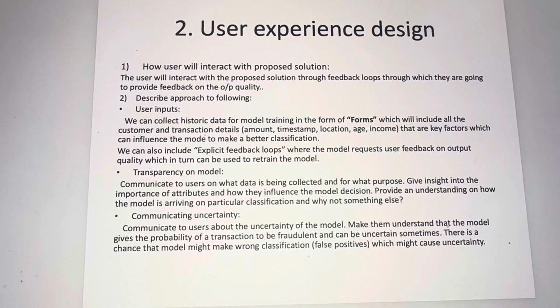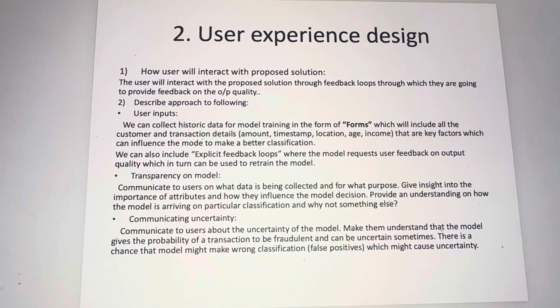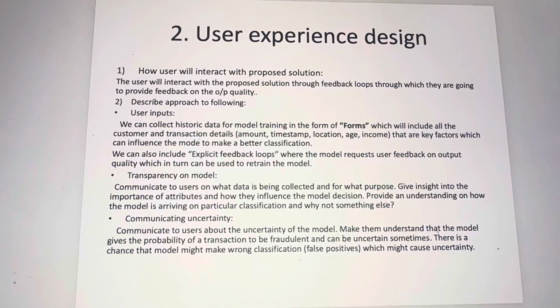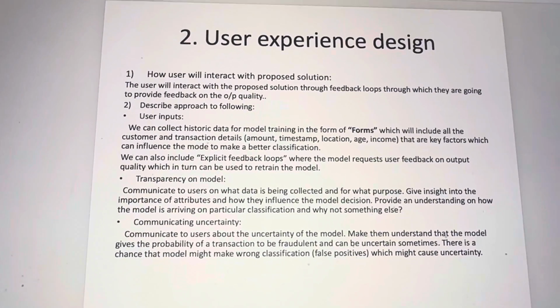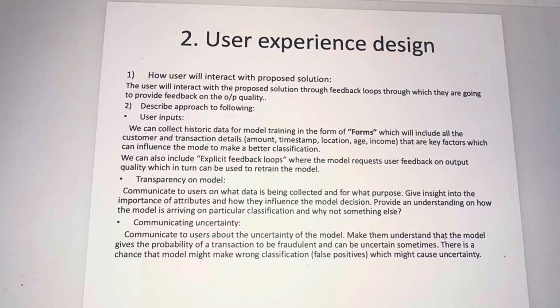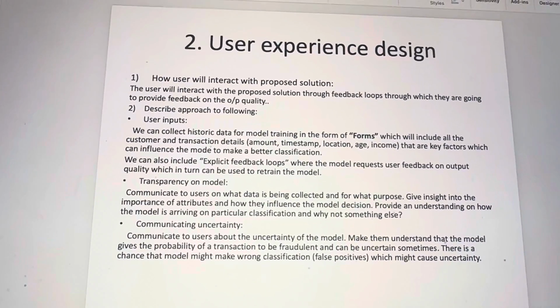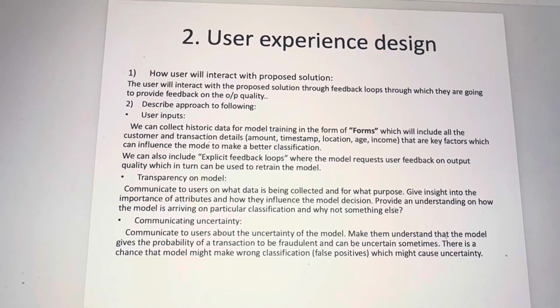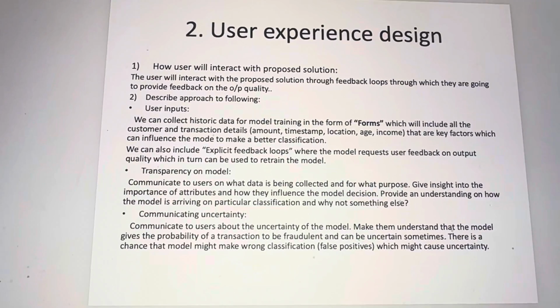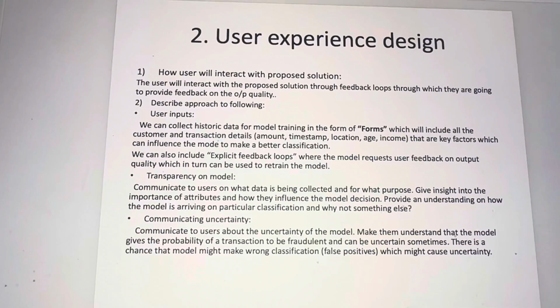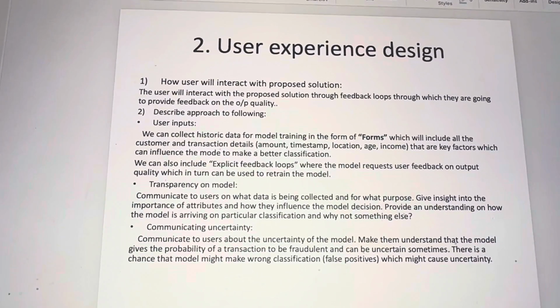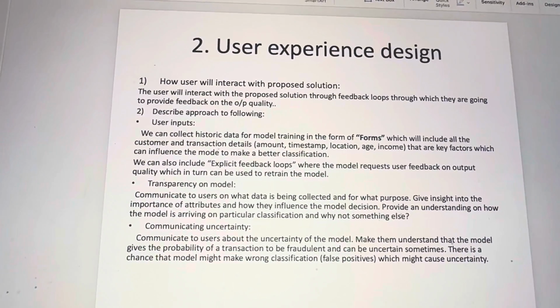We also have to communicate uncertainty. For example, in fraudulent scenarios, there is a good probability that the model might think a non-fraudulent transaction is a fraudulent transaction, which is a false positive, which will in turn make users think that the transaction is fraudulent and may make the customer be blocked from accessing his account.